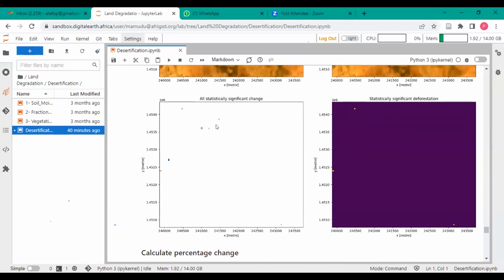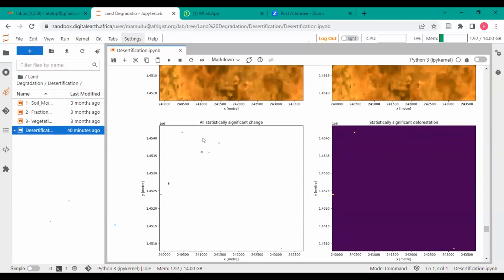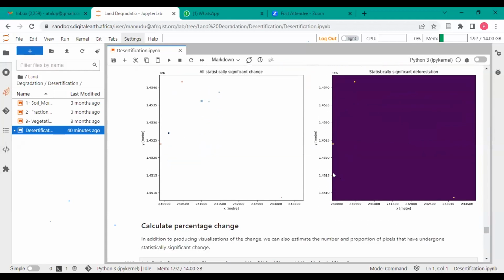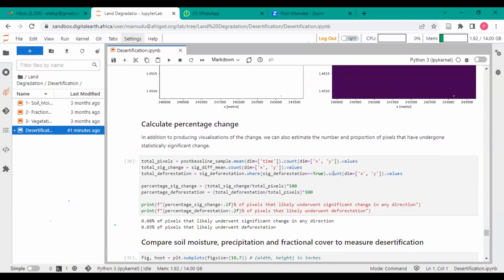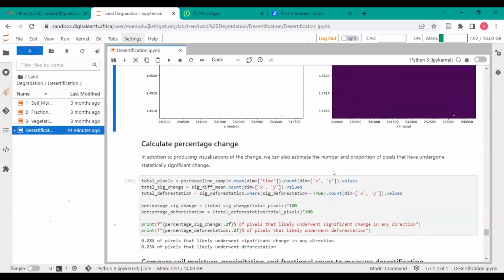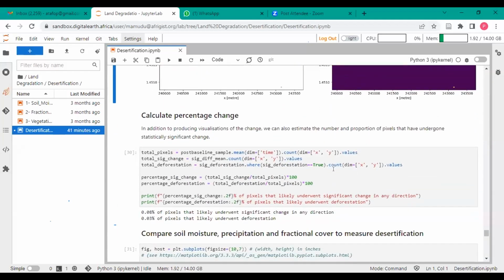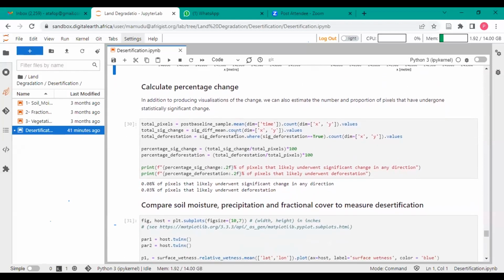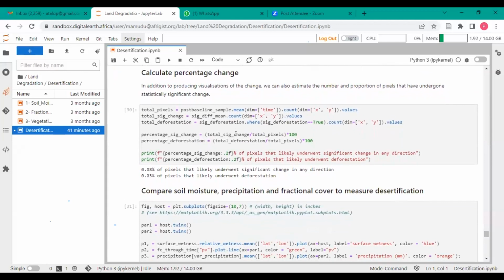Now, the difference being that some of the changes that are here may not necessarily have been deforestation, could be maybe just change from one land use to the other. However, this specifically indicates significant deforestation in the study area. And so to take it from just visual to being able to analyze percentage change, we calculated the percentage change in both the baseline and the significant difference.